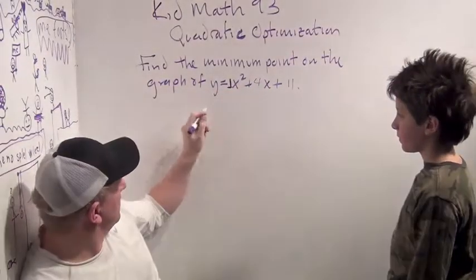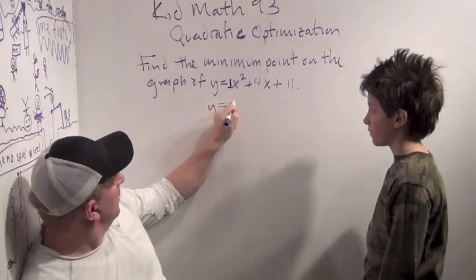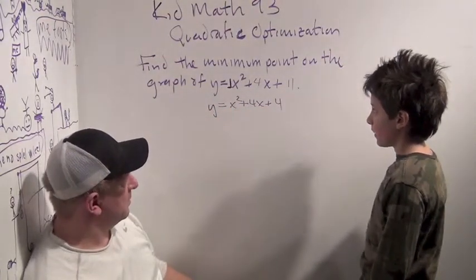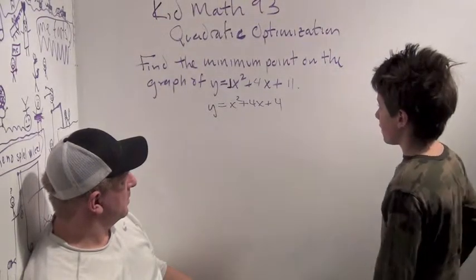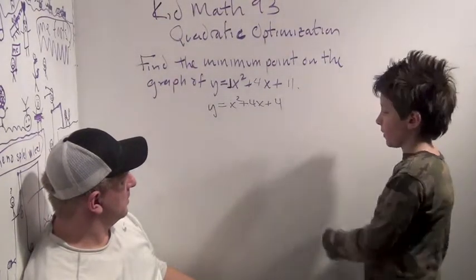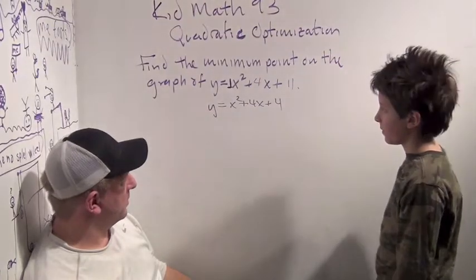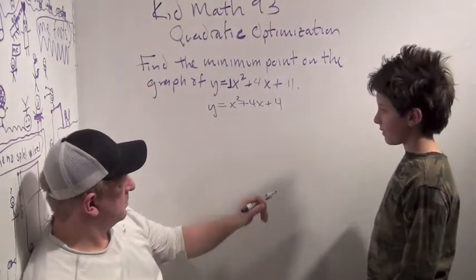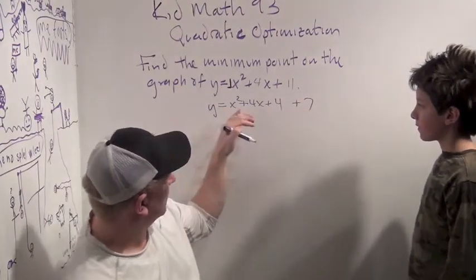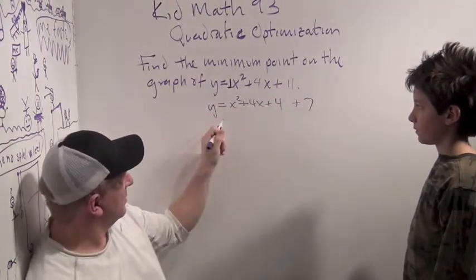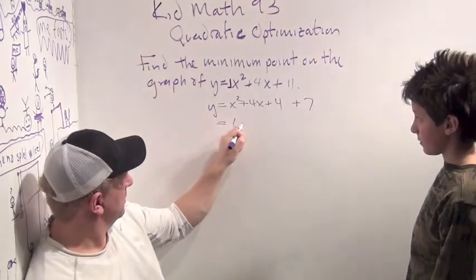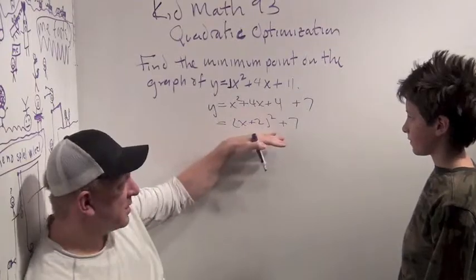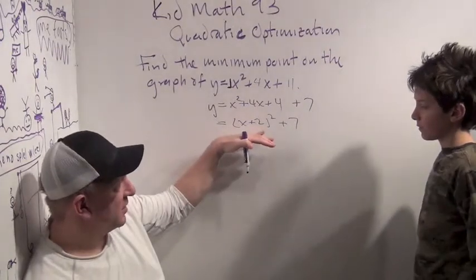So this equals x squared plus 4x plus 4, and then minus 4 plus 11, which is 7. So this equals x squared plus 4x plus 4 plus 7, which is (x plus 2) squared plus 7. So that was actually your first idea, to do completing the square.